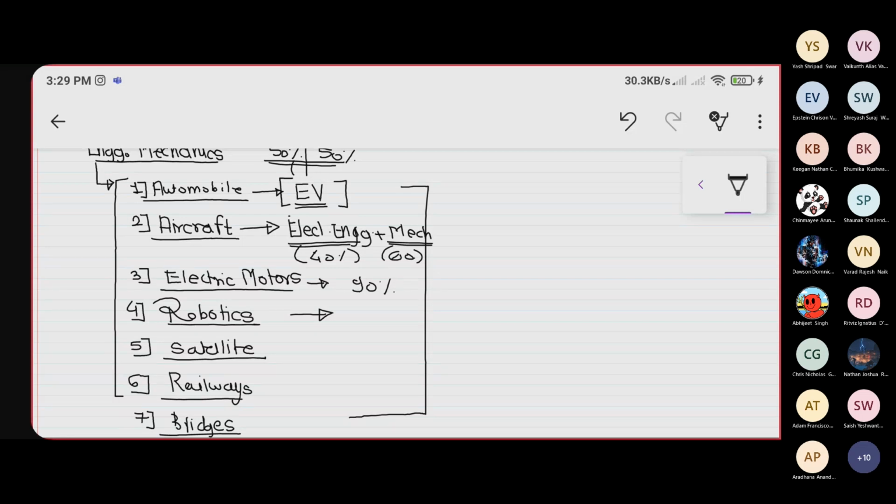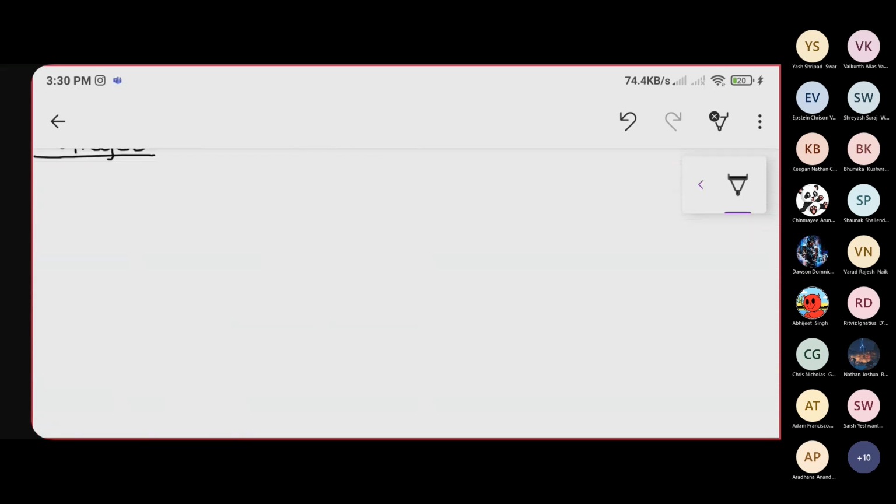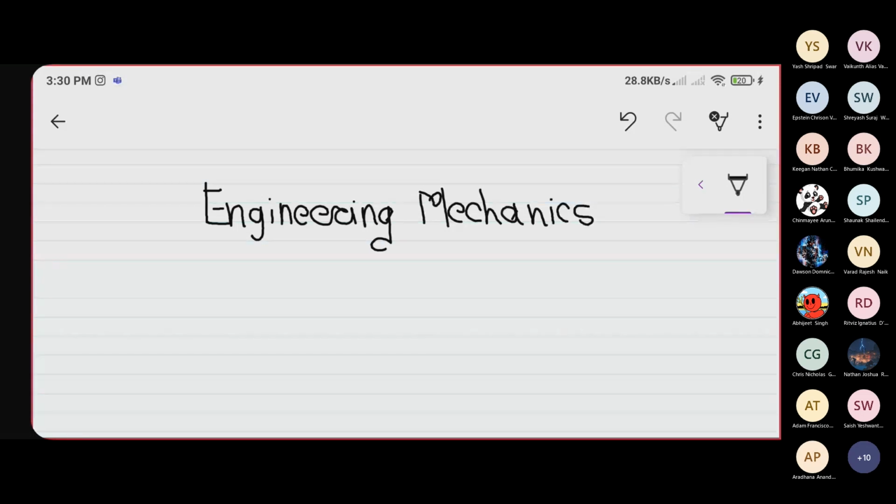So let's go to the basics of engineering mechanics. If I want to classify engineering mechanics, as we studied or defined earlier, what is engineering mechanics? It is a study of forces acting on a particle or body and its effect.